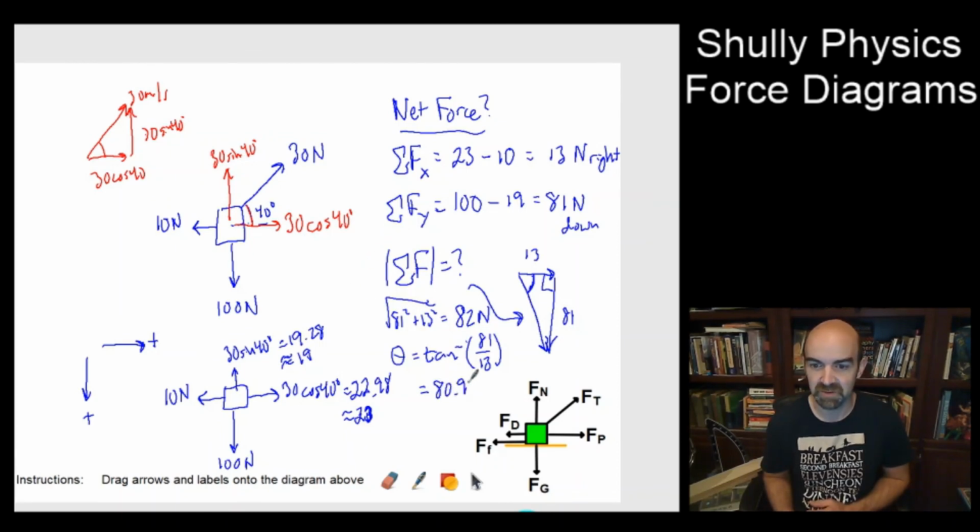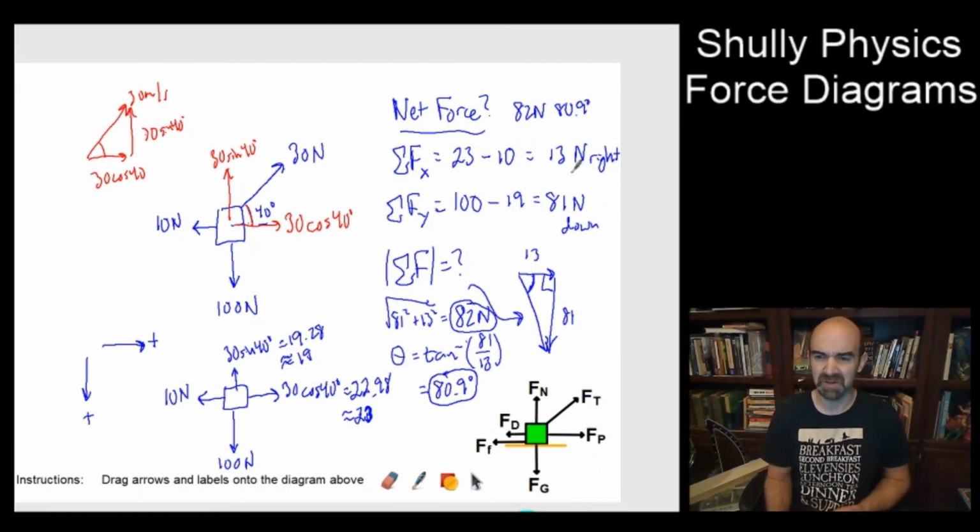None of these are measured, so sig figs are not very useful at the moment. So we've got 82 newtons, 80.9 degrees. To sum that up, I'm going to write 82 newtons at 80.9 degrees. 80.9 degrees what? Well, this is toward the south of the east direction.